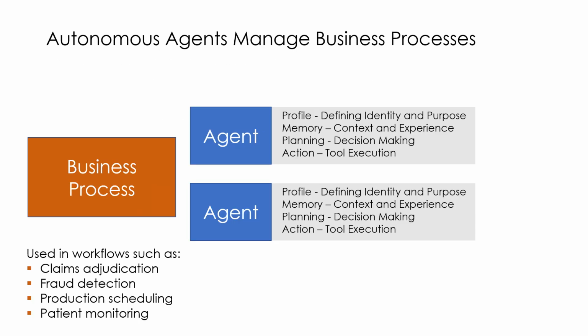Autonomous intelligent agents are managing the business processes. For example, claim adjudication, fraud detection, production scheduling, patient monitoring. Each agent plays a specific role and has memory containing the frequently used context.